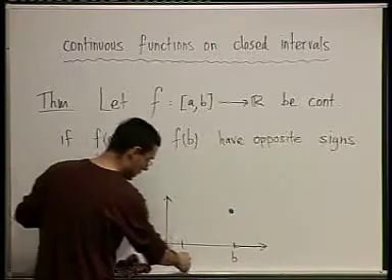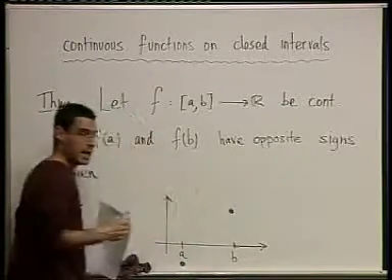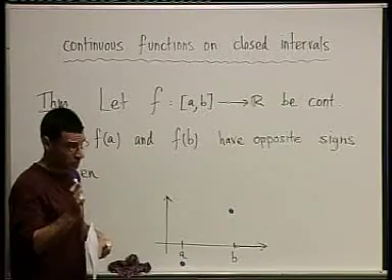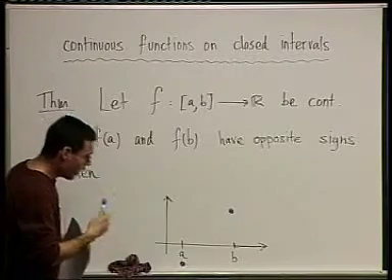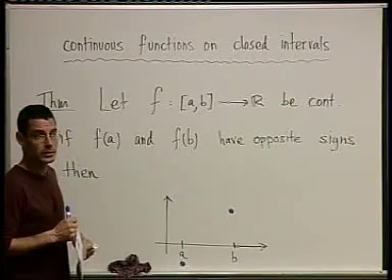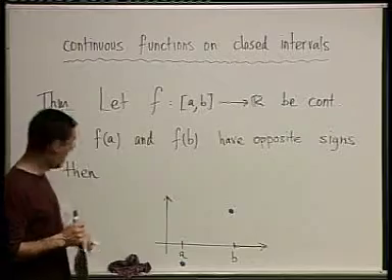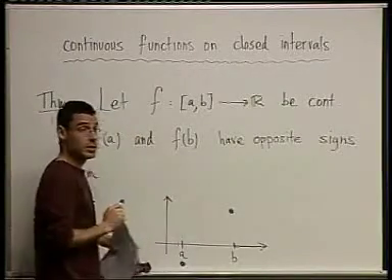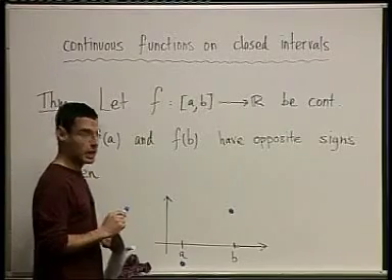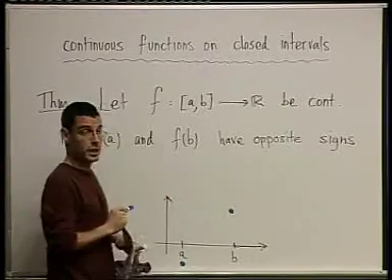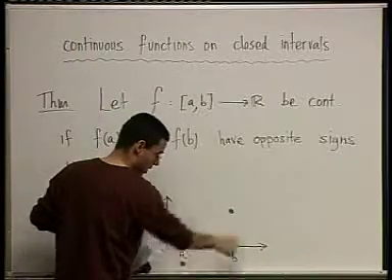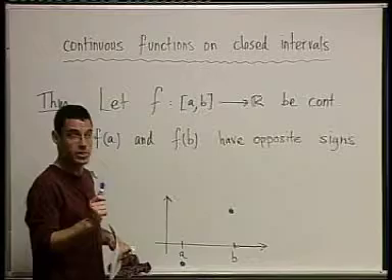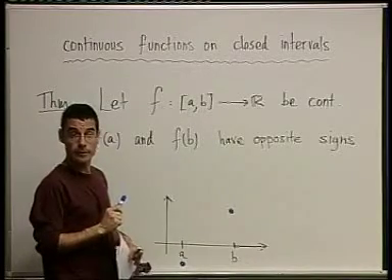It means that I can draw it without lifting the pen or the marker off the board, right? Intuitively. What does it say about f? Not necessarily monotone. That's not true. It can go up and down and still be continuous. Right. It's going to have a root. There's going to be a point somewhere in this interval where it crosses the axis, where f of that point is 0. Do you agree?